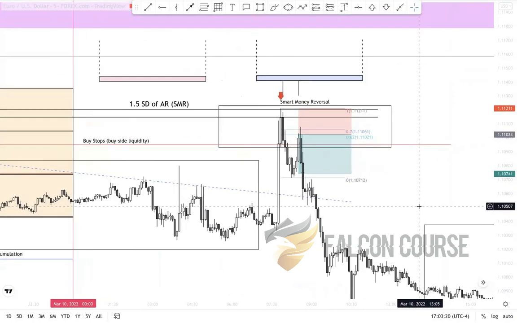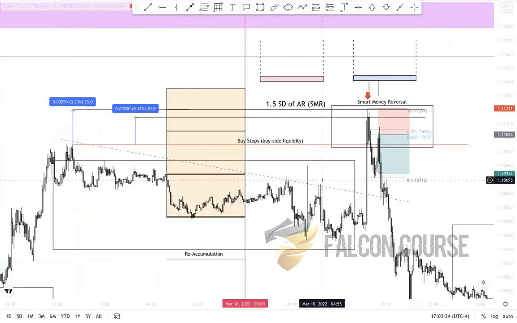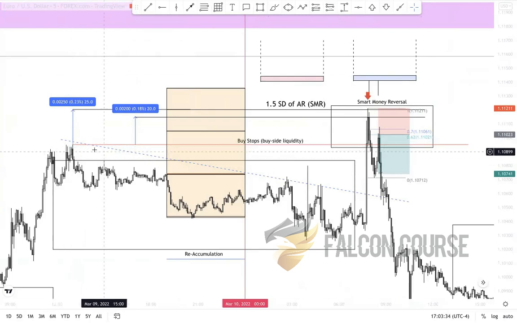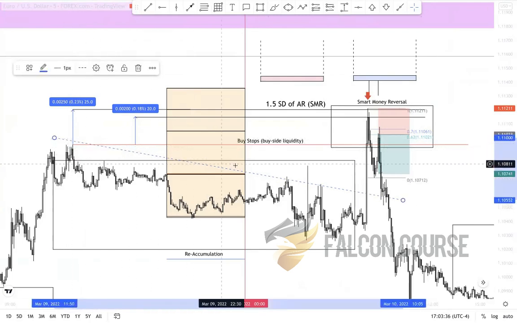So obviously we had initially a bias, like let's say we had the bias of the market could reverse at the standard deviation. It was quite obvious that this impulsive was obviously a sweep of these highs, the trendline liquidity. So you need some sort of bias and you need some sort of narrative in order for this to work.